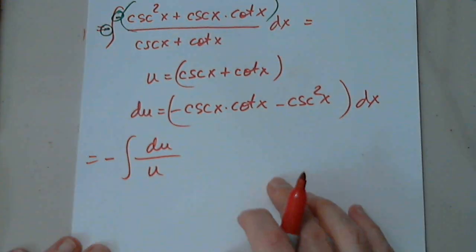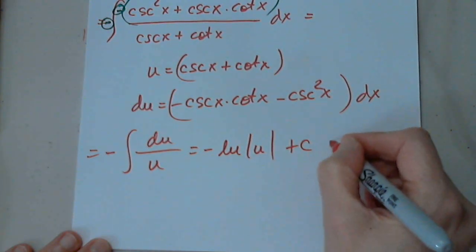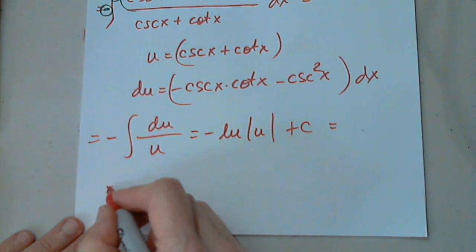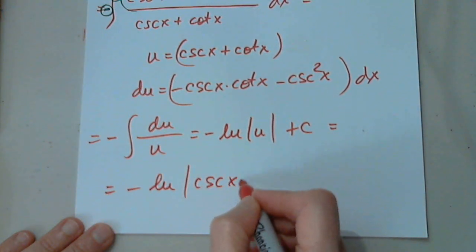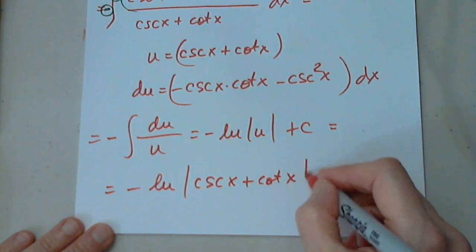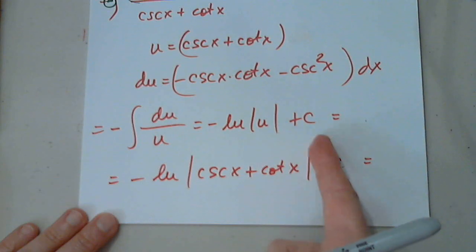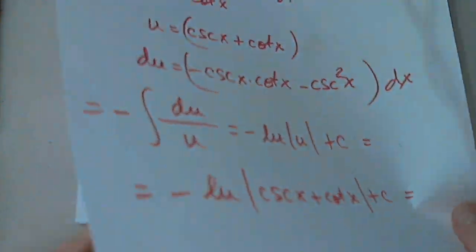The denominator is u, so the whole thing is negative natural log of the absolute value of u plus a constant c. I will have to replace u by this: cosecant x plus cotangent x in absolute value plus c. Of course, you know the -1 goes, it's coming from the power of the absolute value.